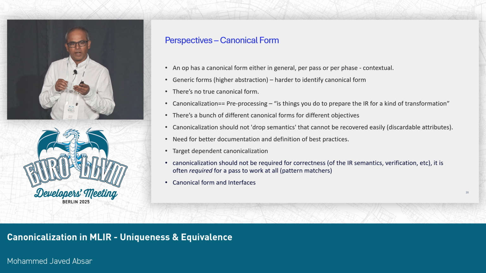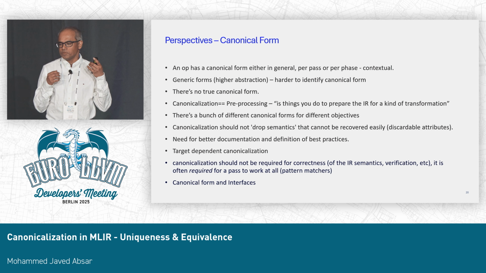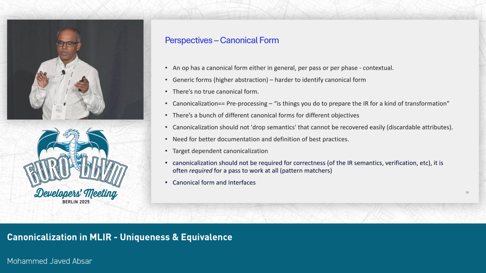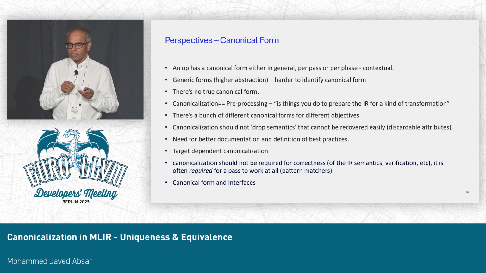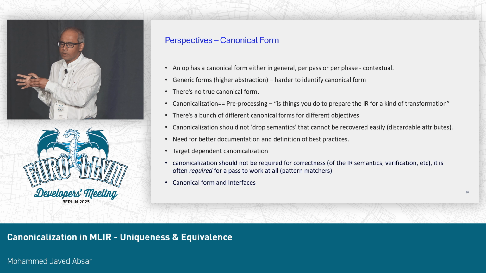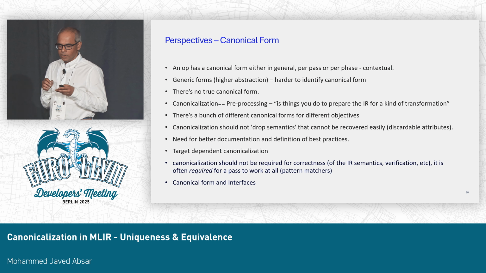For a generic at a higher level of abstraction, like a linalg.generic, it's harder to agree on a canonical form. At a lower abstraction level, because it just does a small thing, maybe it's easy. Some would view canonicalization really as pre-processing, basically things you do for your pass or set of passes. A generic, big, global catch-all is not really that. And then I have more examples of it.